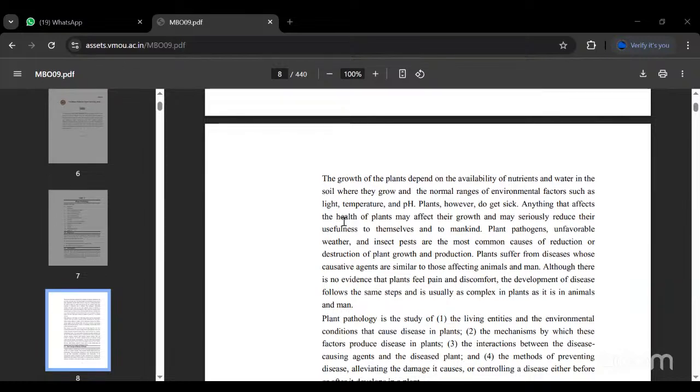The development of disease follows the same steps in plants as it usually does in complex animals and man.